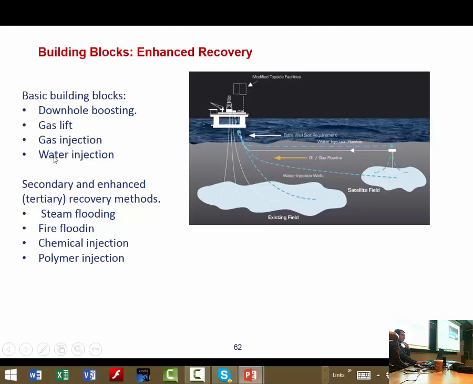For example, when you need water injection, you have to allocate a water pump and consider some space and also some payload for that. Or maybe if you have very complicated reservoirs, you need a secondary and enhanced recovery method like steam flooding, fire flooding, chemical injection, and polymer injection.